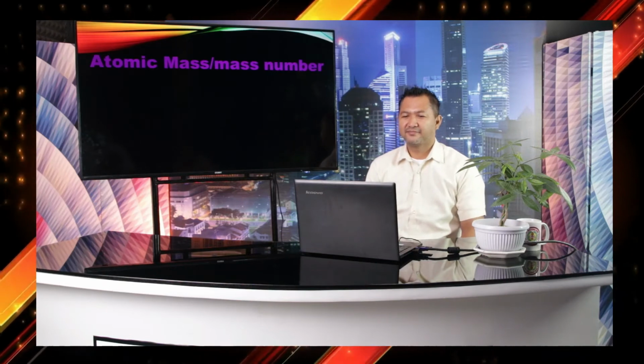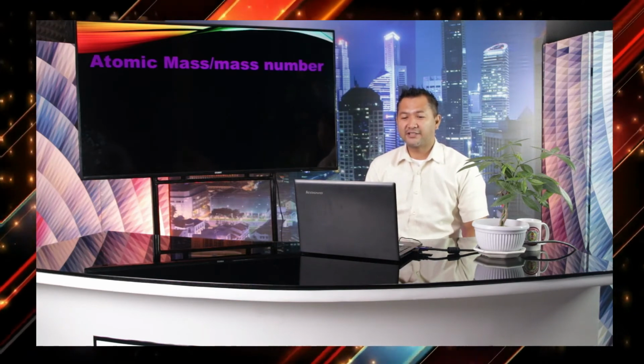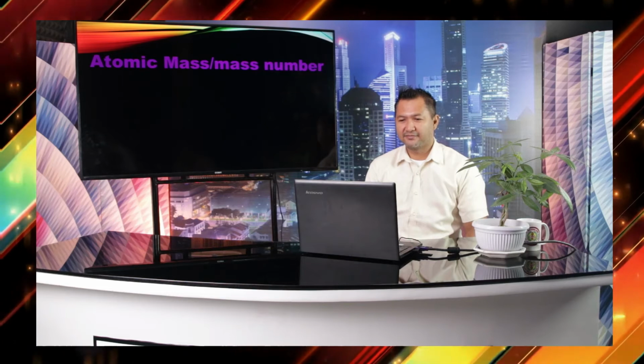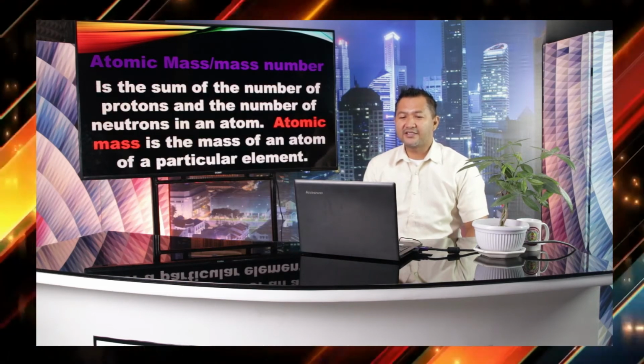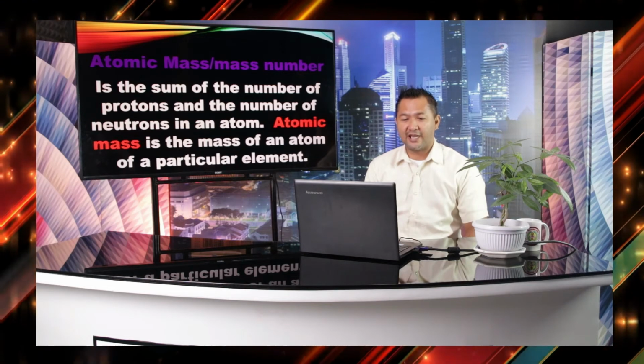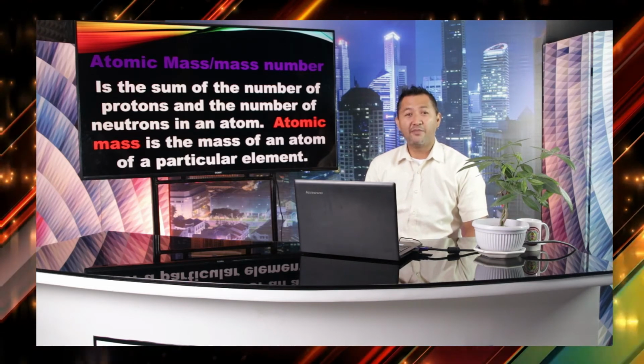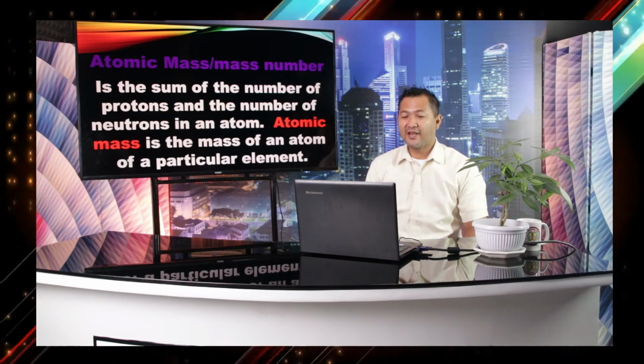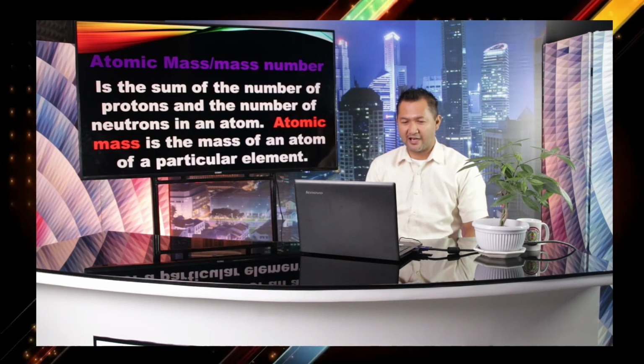Did you answer all the items correctly? That's nice! Atomic mass or mass number is the sum of the number of protons and the number of neutrons in an atom. Atomic mass is the mass of an atom in a particular element.